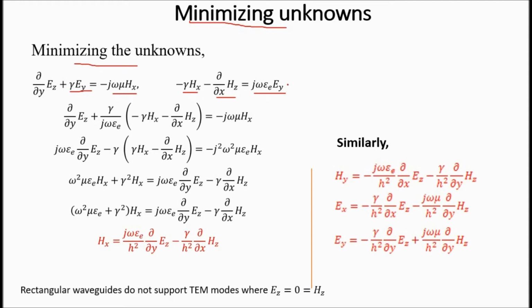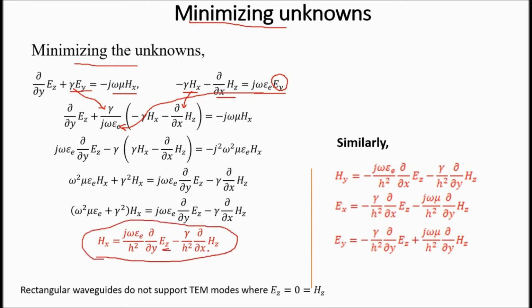Now replacing Ey in the previous expression, you will get partial Ez over partial y plus gamma over j omega epsilon multiplied with negative gamma Hx minus partial Hz over partial x equal to negative j omega mu Hx. Then solve this expression, and finally you will come up with Hx in terms of Ez and Hz.